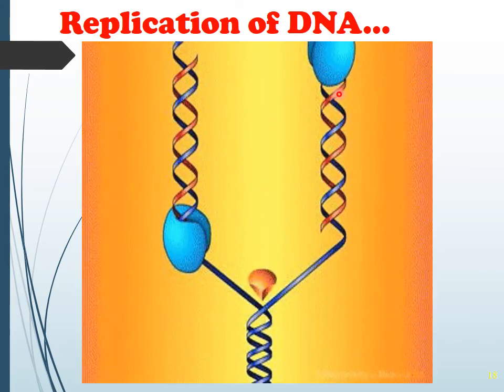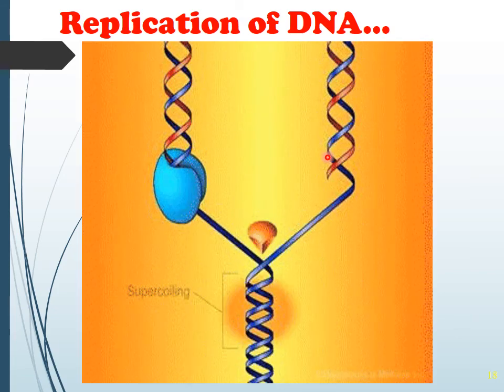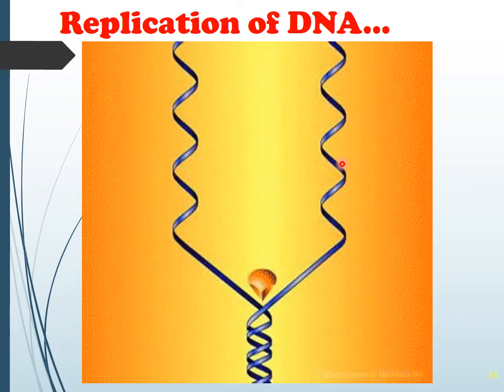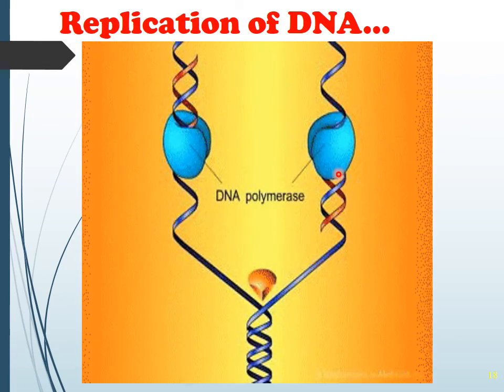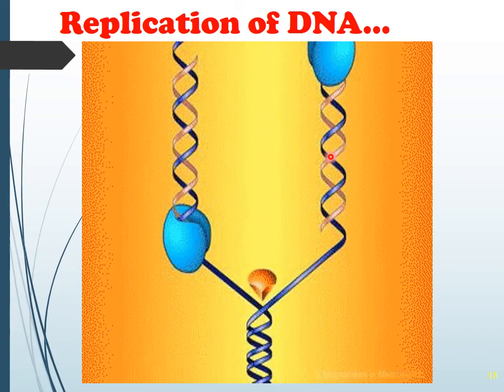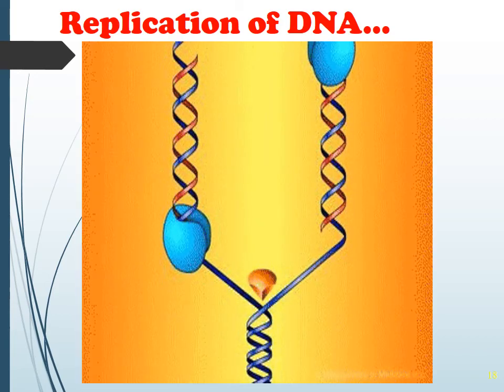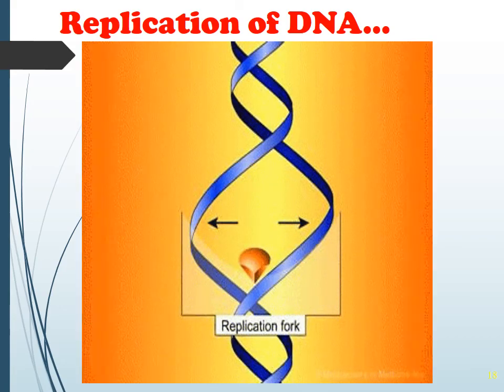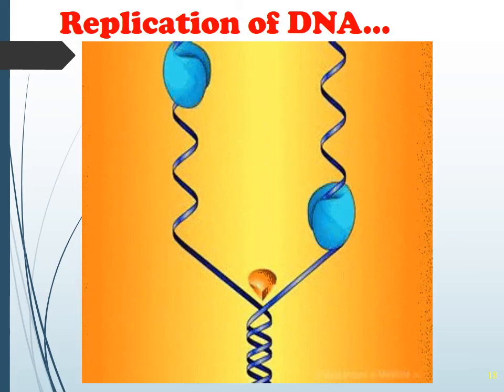So here, one is the old strand and one is the new strand. Since 2 different strands are formed, I will call this the semi-conservative mode of replication. And remember, this will go throughout the length of DNA.